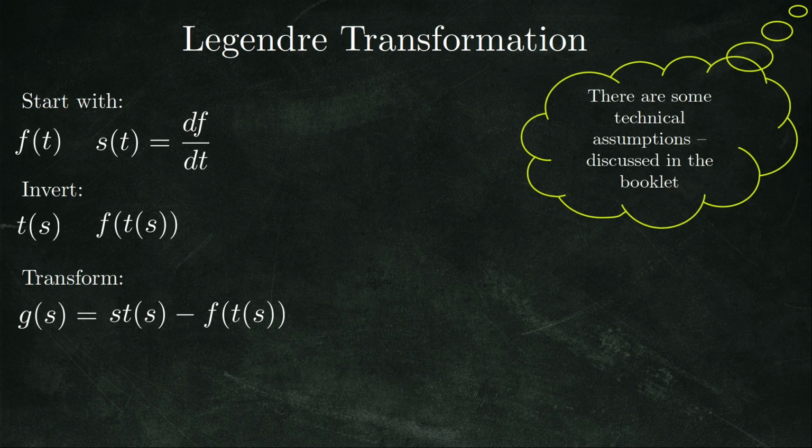And if we take the derivative of g, so we do dg by ds, this is equal to t. So what we've done is we've swapped f with g, and in doing so, we've swapped t and s around. So originally we had f of t, we now have g of s, and where s was our derivative before, t is now our derivative. And the quantities s and t are known as conjugate.